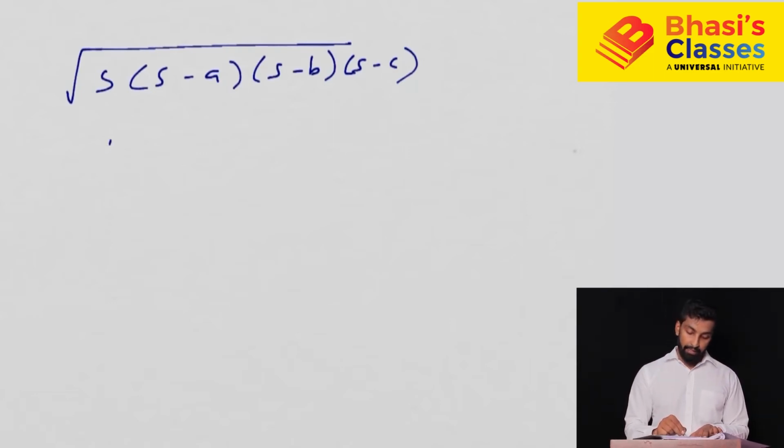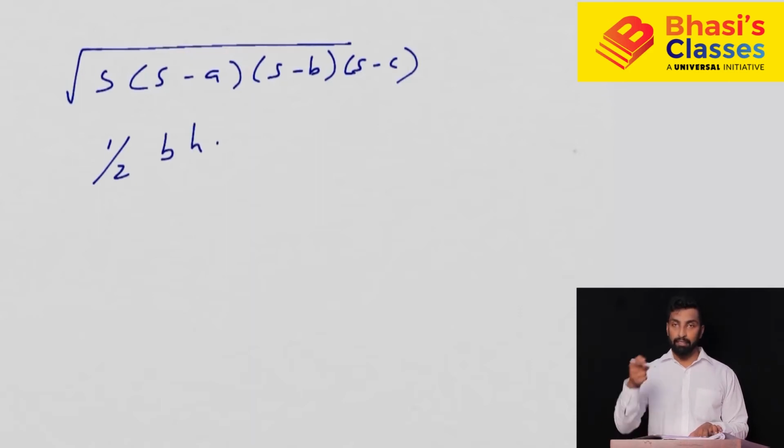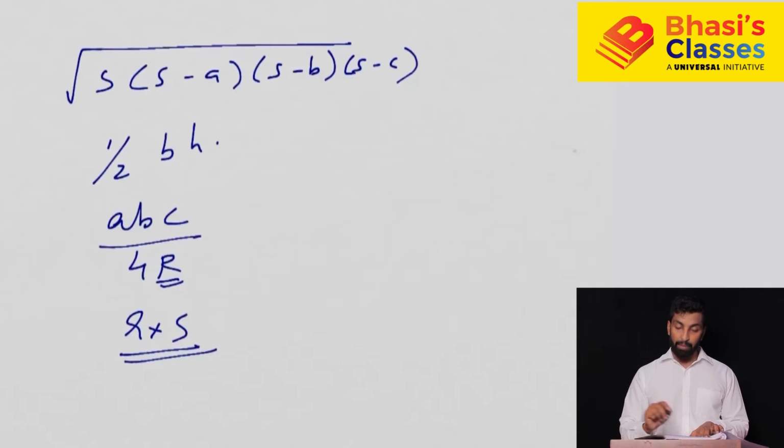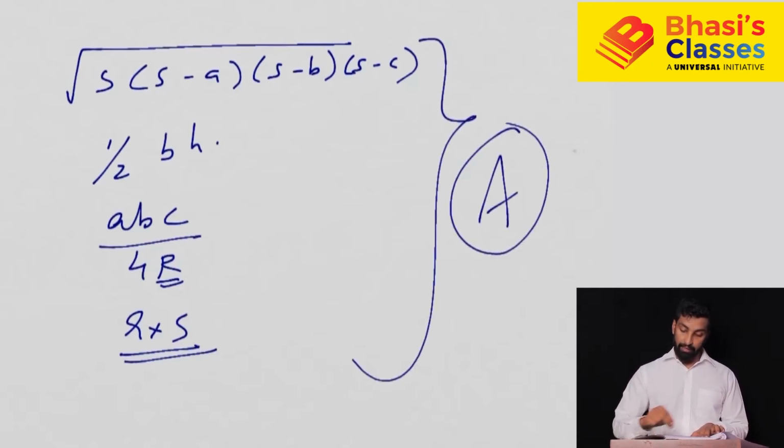Or if base and height are given, half into B into H. If the three sides and the circumradius are given, the answer is ABC by 4R. If three sides and the inradius are given, the answer is r into S, where S is the semi-perimeter and r is the inradius. Here R is the circumradius and ABC are the three sides. So these are the various methods of finding the area.